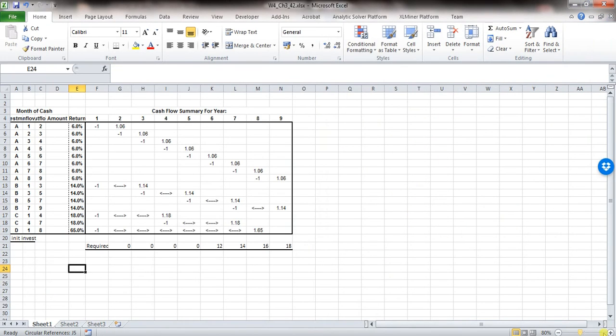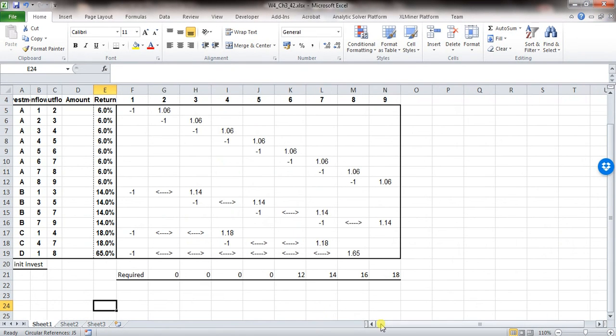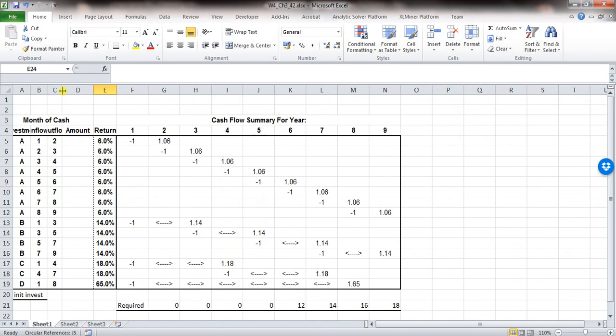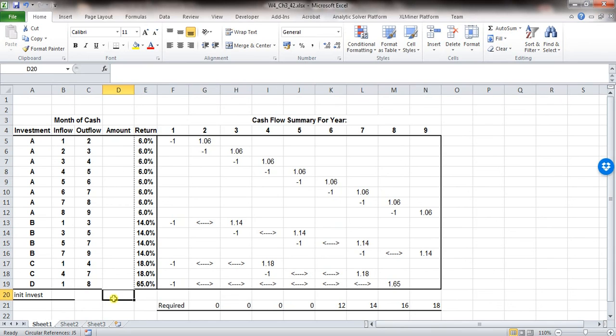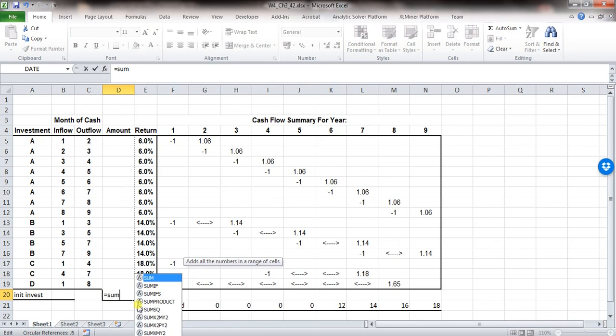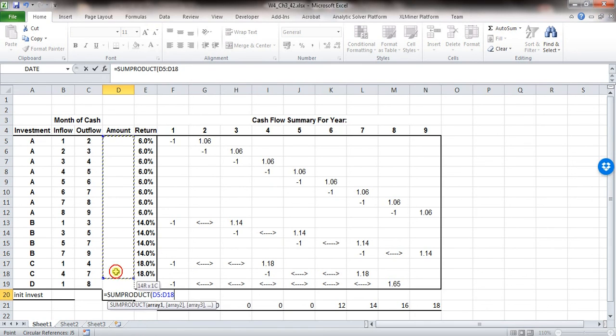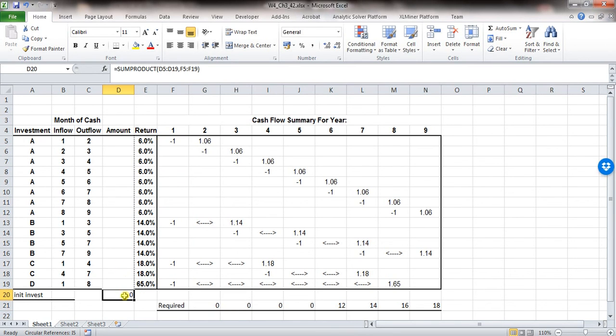If you look at the model, this value is nothing but the sum product of this amount invested with this cash flow diagram.